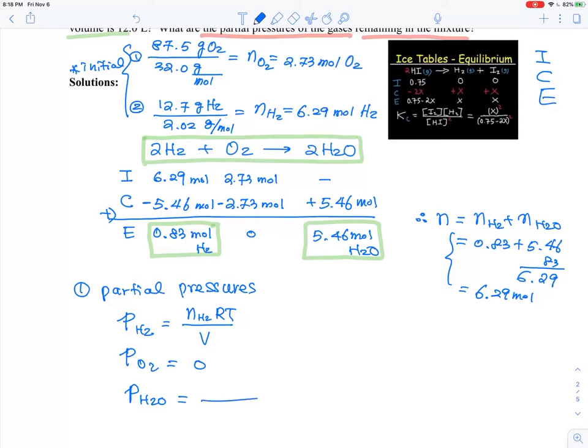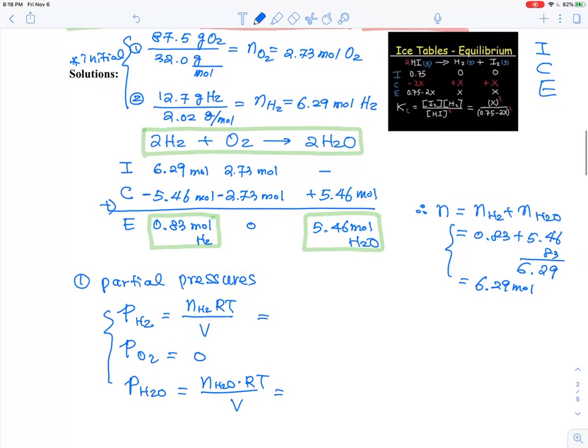And P(H2O) is N(H2O)RT over volume. Okay, so those are the partial pressure equations.